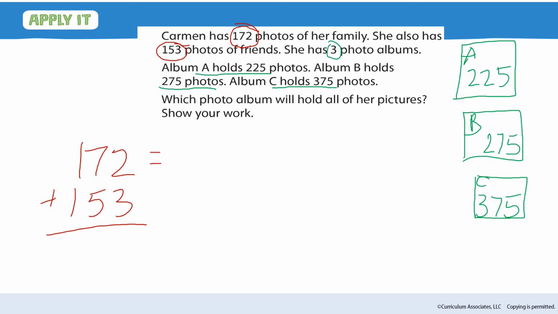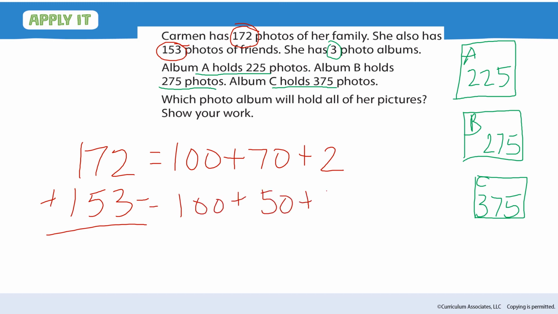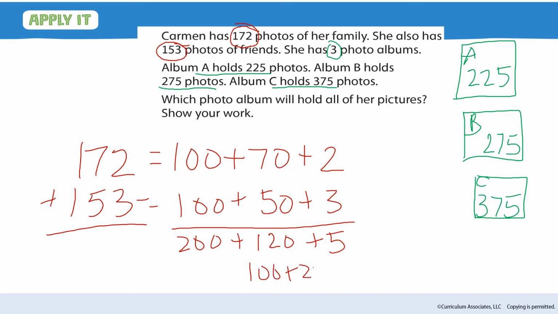So I'm going to say 172 is 100 plus 70 plus 2, and 153 is 100 plus 50 plus 3. And if I add them together, 100 plus 100 is 200, 70 plus 50 is 120, and 2 plus 3 is 5. I see that 120 is made of 100 plus 20, and I already have 200, and I have 5.